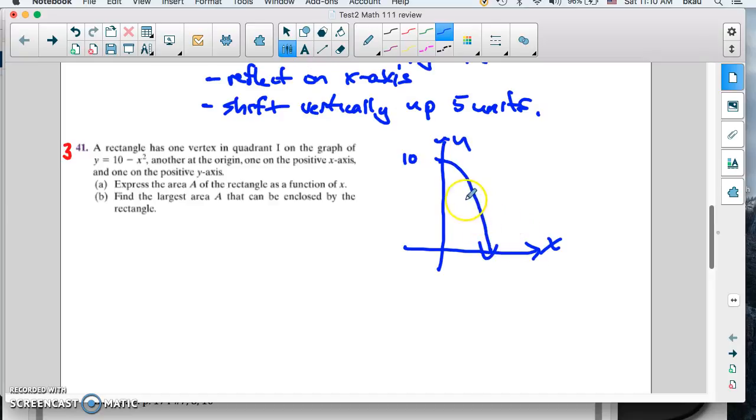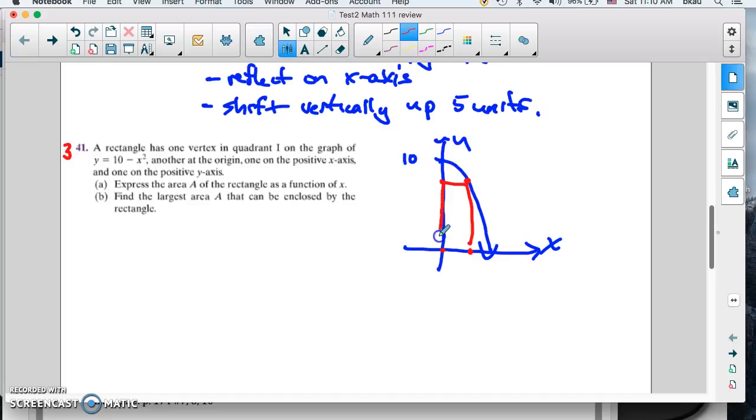I don't have any points on this, and we're not going to be looking too closely at that right away. We're going to do a rectangle inside this. One corner is on the curve, one's on the y-axis, one's at the origin, and one's on the x-axis. So it looks like this rectangle.